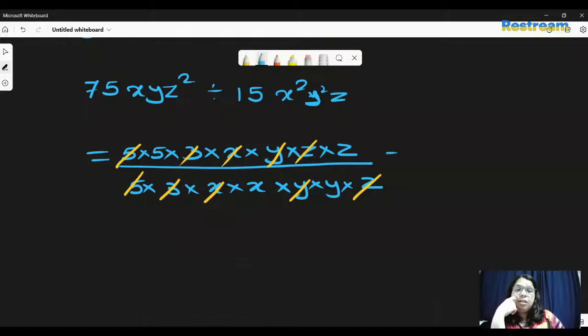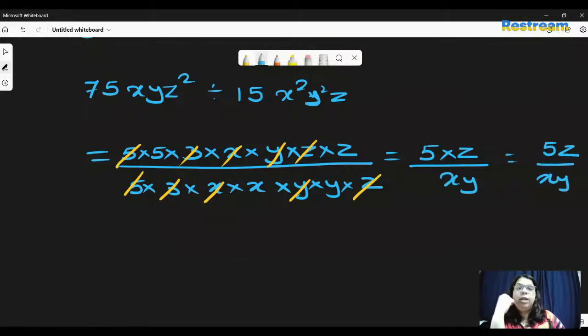So in the final answer, I have a 5 in the numerator and a z, and I have an x and a y in the denominator. So I have 5z over xy. So these are the operations that we can do on algebraic expressions, and we can use them to simplify.